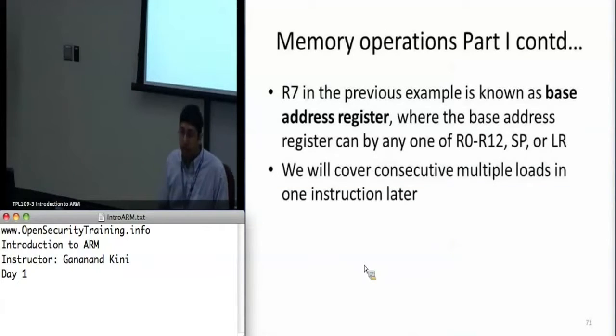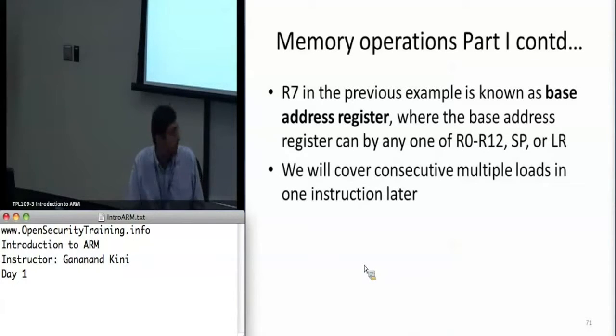So as I mentioned earlier, R7 is known as the base address register, and the base address register is different from the base pointer that I had mentioned. We'll refer to that terminology when we do load store multiples, but it's the register that contains the base address of where you want to perform that memory operation, like the load or the store.